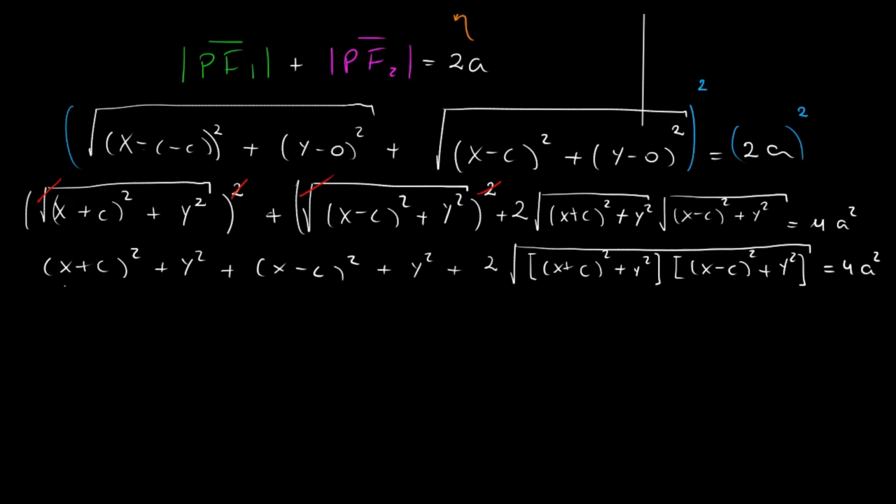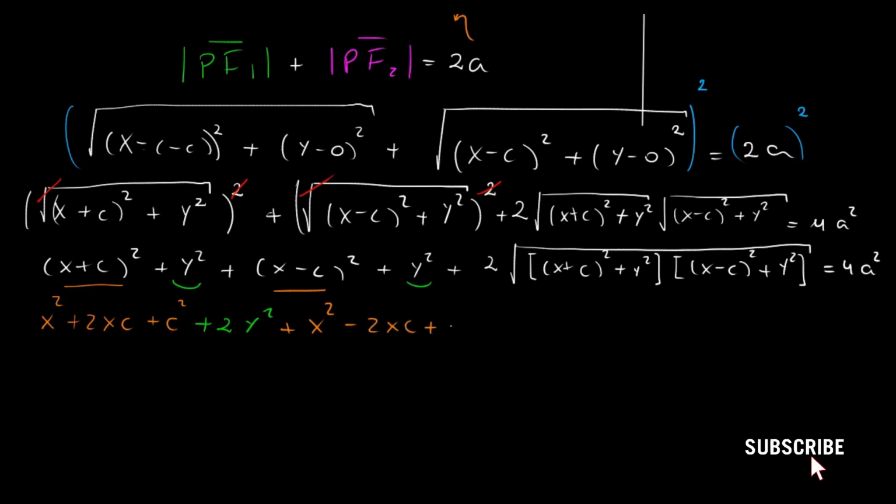Now we can work on the first two terms. The first one is x squared plus 2xc plus c squared, and this y squared and the other one sum up, so 2y squared, plus the second one is x squared minus 2xc plus c squared. And this is plus 2 times the square root of the two terms. We're not going to work on them yet, so just leave them written as they are. And this all equals 4a squared.